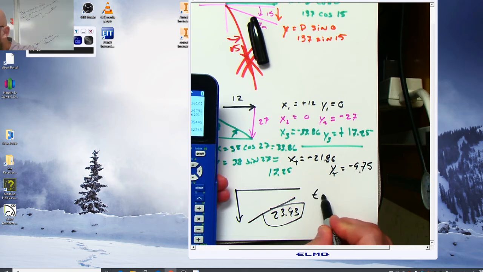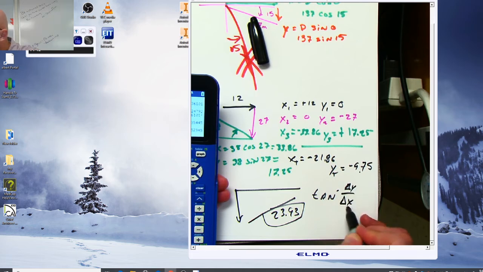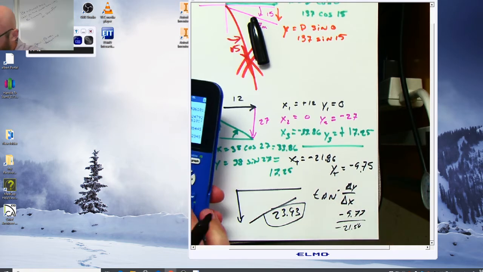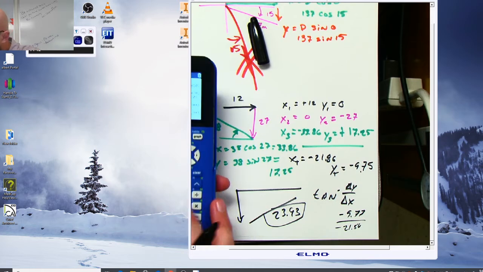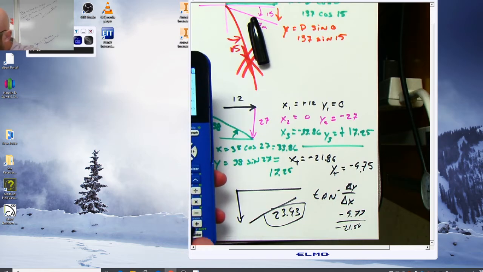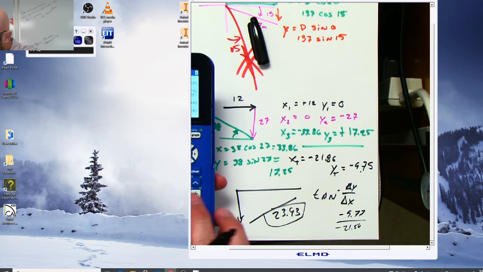And then inverse tangent of delta y over delta x again. Negative 9.75 over negative 21.86. Sure, our calculator is going to love that for us. Negative 9.75 divided by negative 21.86.